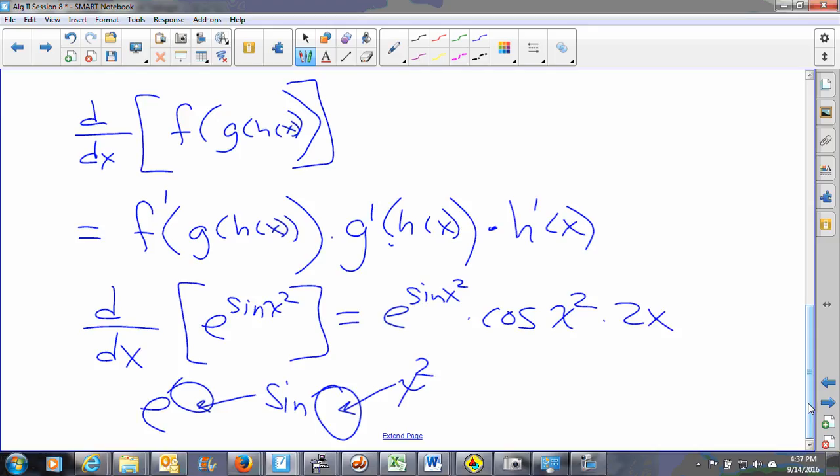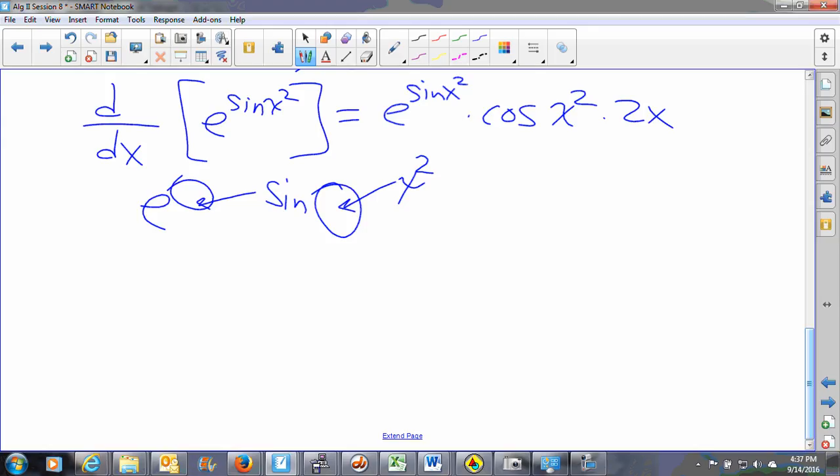So we would probably clean some things up here. We'd probably say that this was equal to 2x e to the sine of x squared times cosine of x squared. I don't know what order it needs to be in, but basically we're applying the chain rule twice. You may even see it done 3 or 4 or 5 times, although after a while it gets a bit tedious.